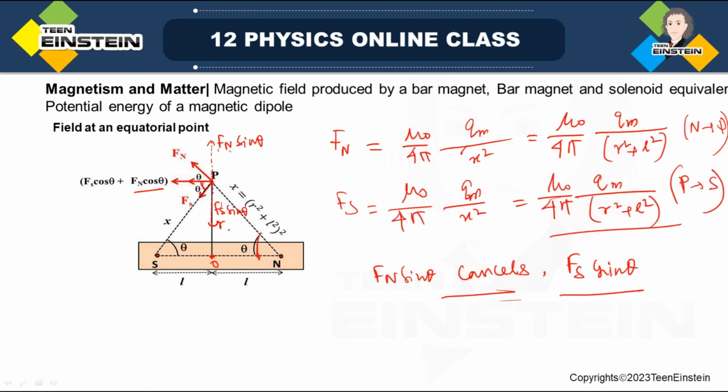They will cancel each other, and then we will have only the horizontal component. For both cases, the horizontal component is in the opposite direction of the dipole moment. The dipole moment has this direction, but this is in the opposite direction. So Fs plus Fn, cos theta components will be there.